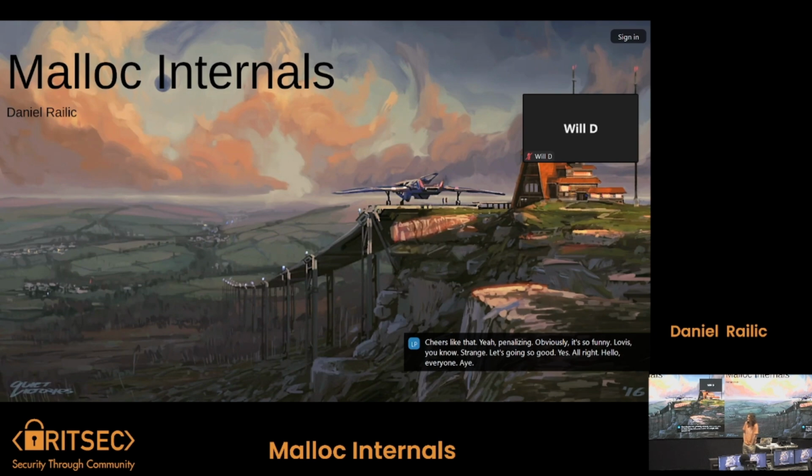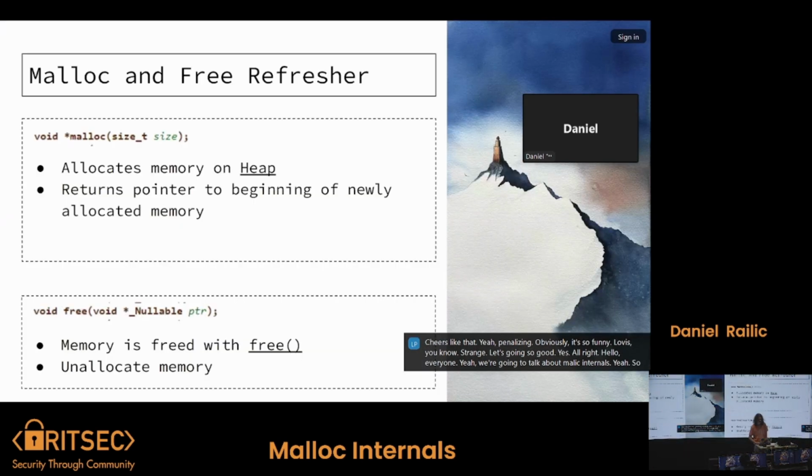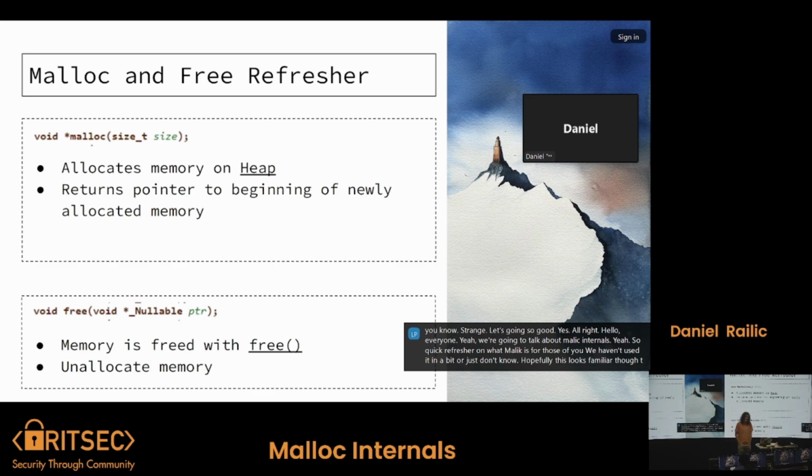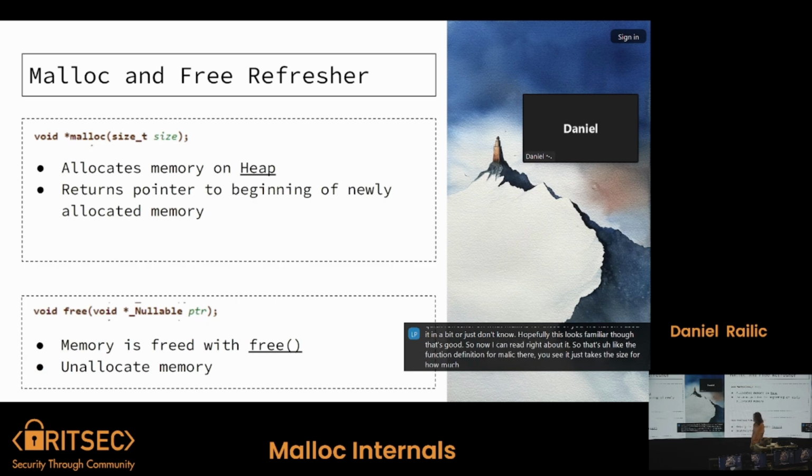Okay, we're going to talk about Malloc internals. Quick refresher on what Malloc is for those of you who haven't used it in a bit. Malloc takes the size of how much memory to allocate on the heap, and it returns a pointer to the beginning of that newly allocated memory.